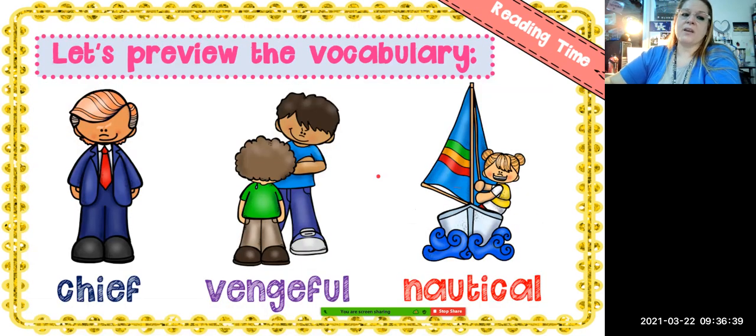All right, so here are our vocabulary words. We have the word chief, who is the person in charge of something, like a group of something. We have the word vengeful, which means that you do something mean or spiteful to get back at someone. And then nautical means that it is ocean related, on the sea or on the ocean.